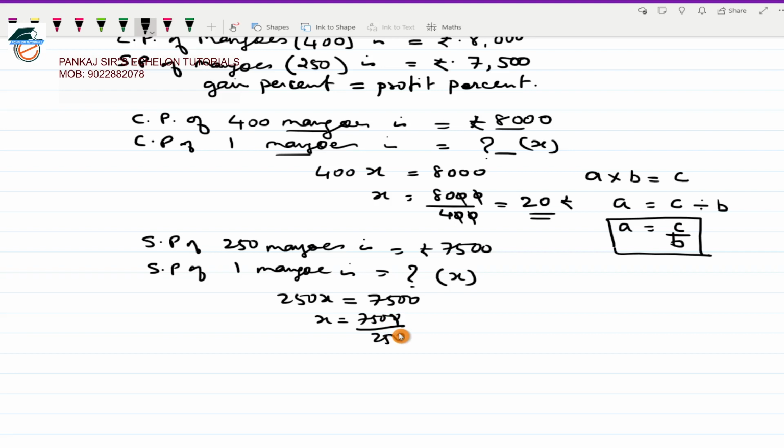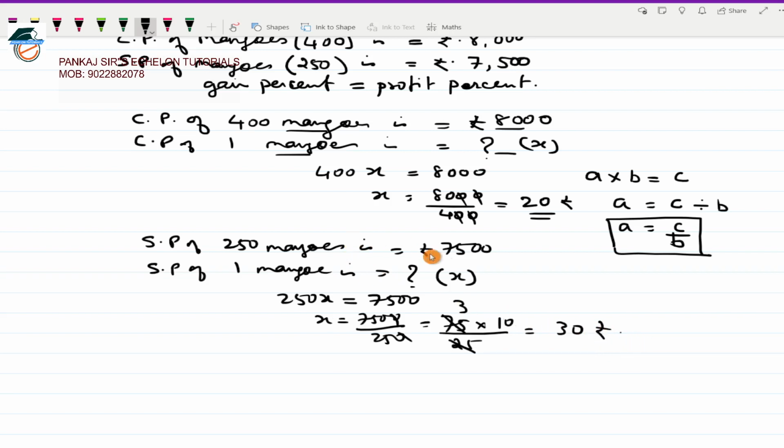Again this 0 gets cut, and 750 upon 25, this 750 can be written as 75 into 10, and this 25. Now 25 into 3 is 75, and 3 into 10 is 30. So this time I'm getting X as 30 rupees.